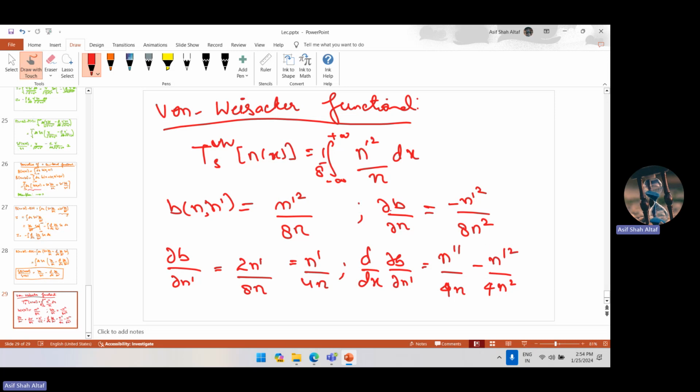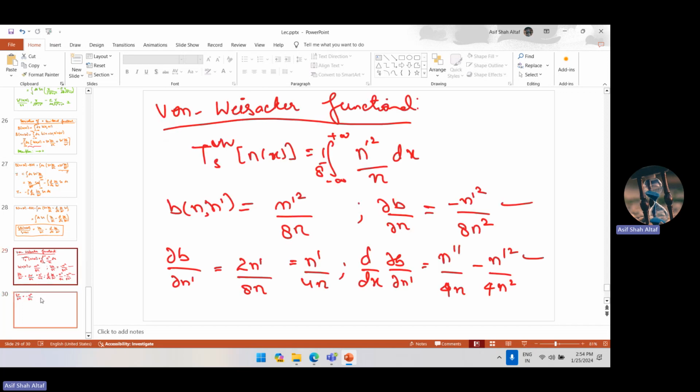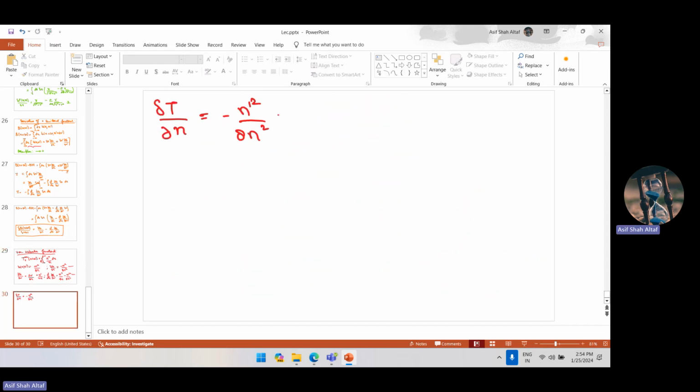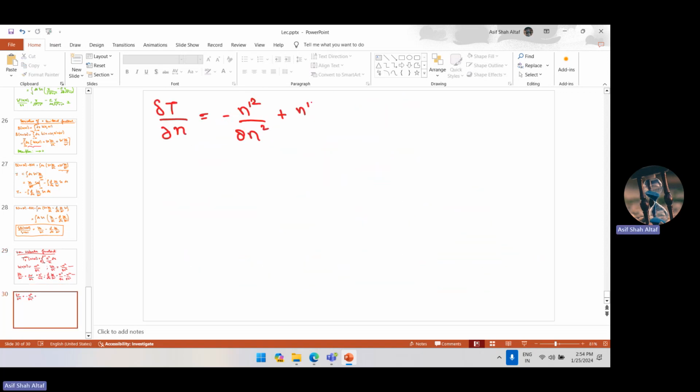Now you'll have to add this term here and this term. So let's do it. What we will have is minus n dash squared by 8n square, and then you have plus n double dash by 4n and n dash square by 4n square.